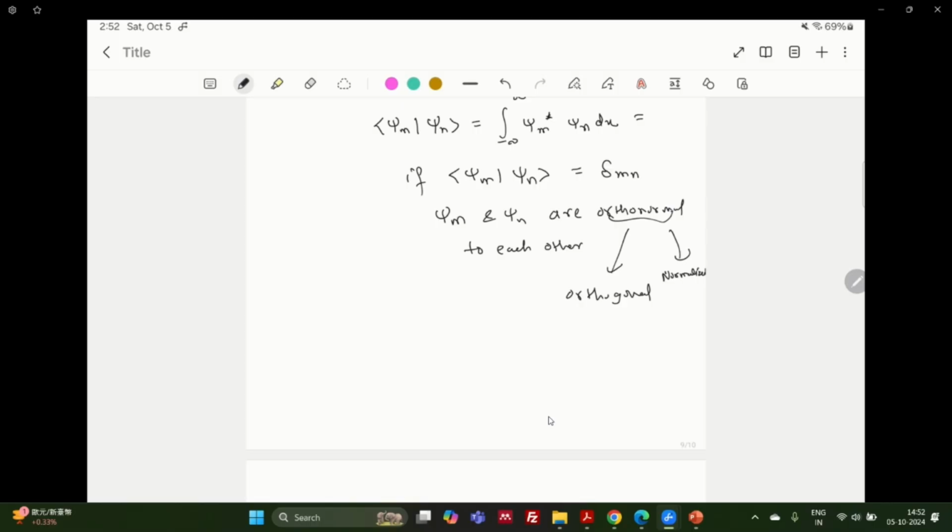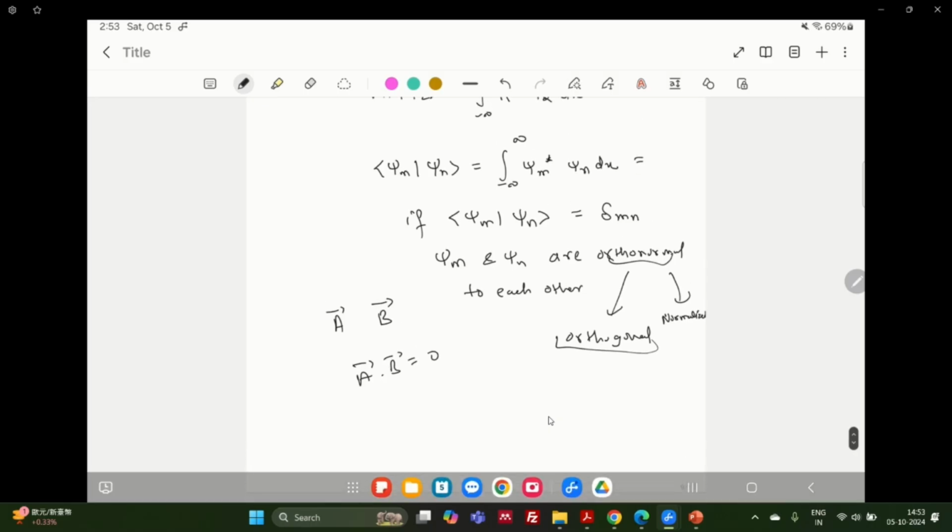What is the meaning of orthogonality? You remember in vectors, when two vectors are said to be orthogonal, they are perpendicular to each other. What if two vectors, vector A and vector B, are perpendicular to each other? What happens to their dot product? It becomes equal to 0.